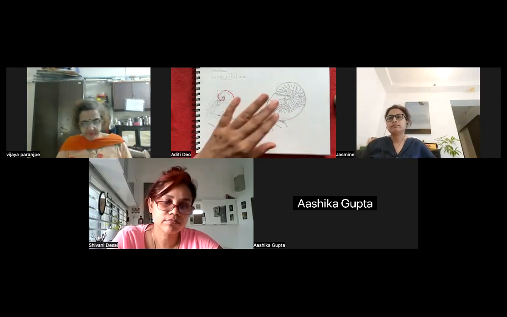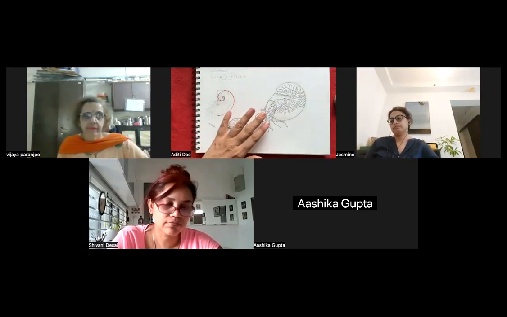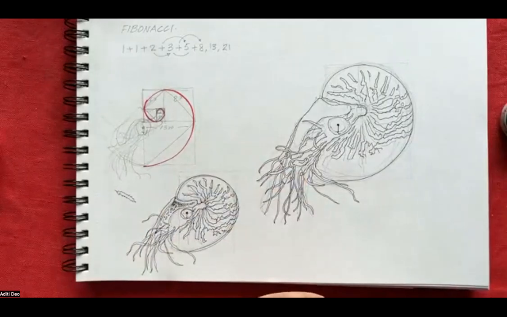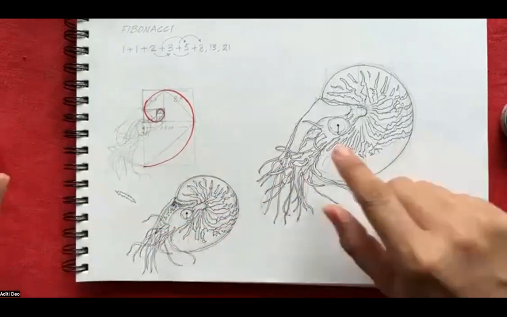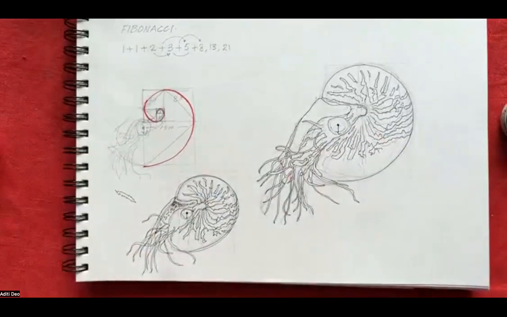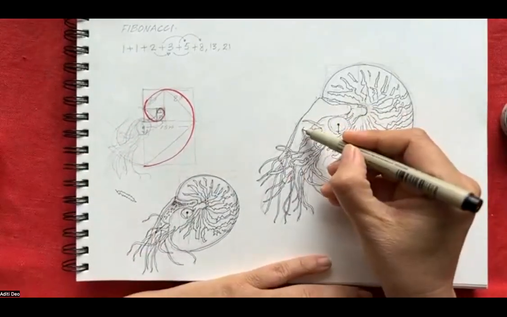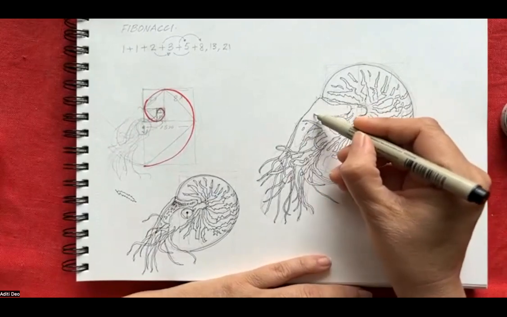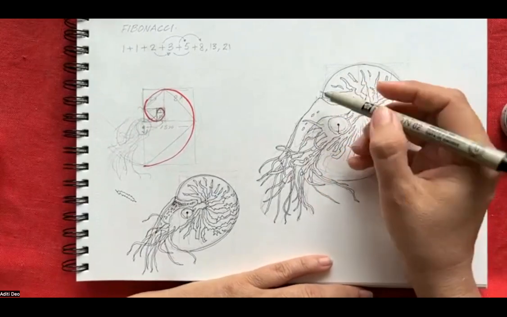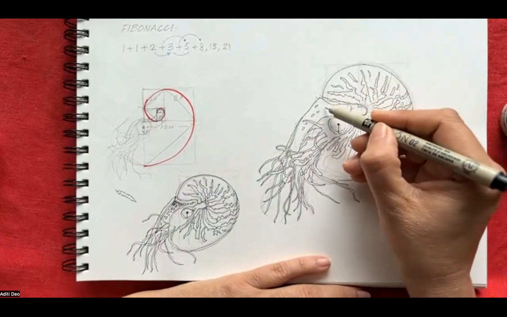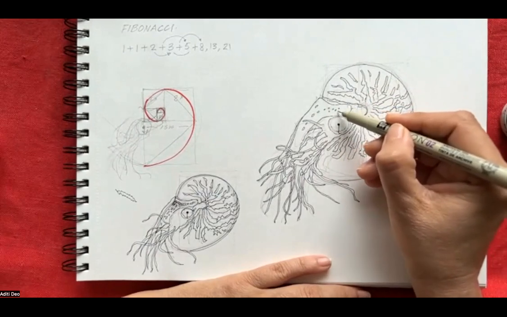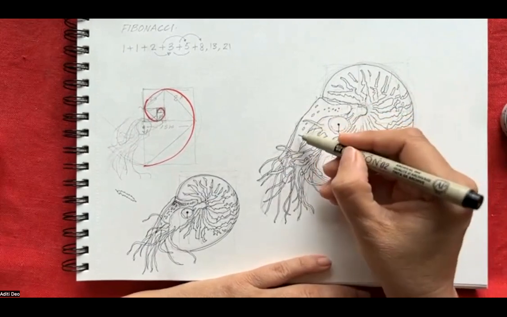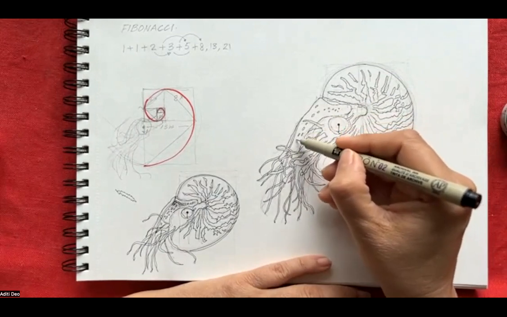Okay, so now after you've done such a detailed illustration, coloring becomes a lot easier. This is, of course, a different style of coloring that we'll do. We might as well make a few ovals and spots on its snout or trunk. But keep looking at the reference image. Along the periphery, the dots are smaller. And right in the center, on the central column, the dots are slightly bigger.